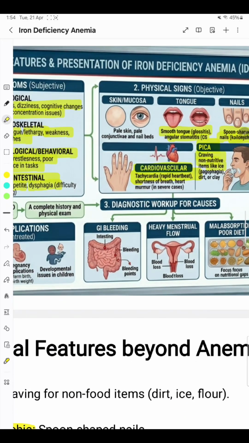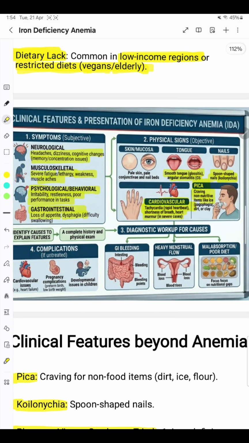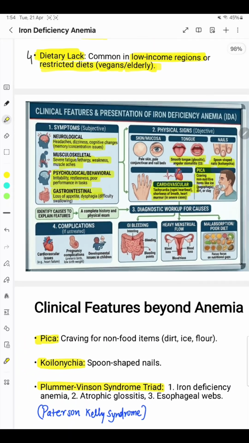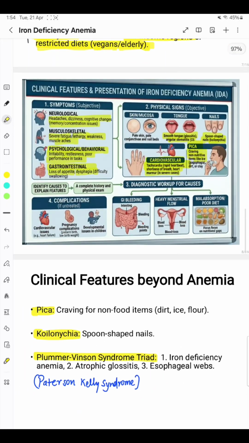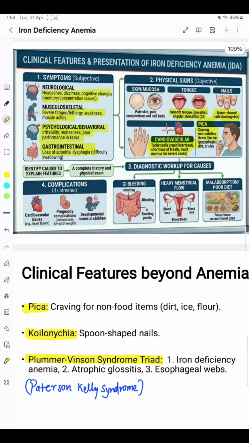In the cardiovascular system, there is tachycardia, shortness of breath and heart murmur can be seen in severe cases. So these are the clinical features of iron deficiency anemia.